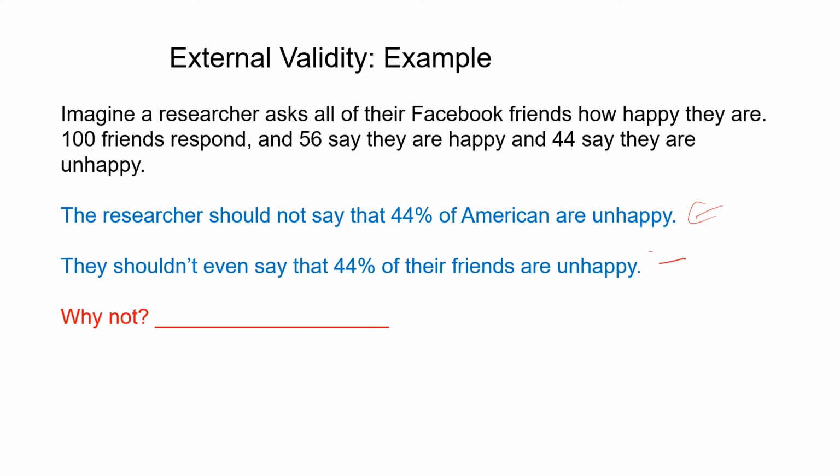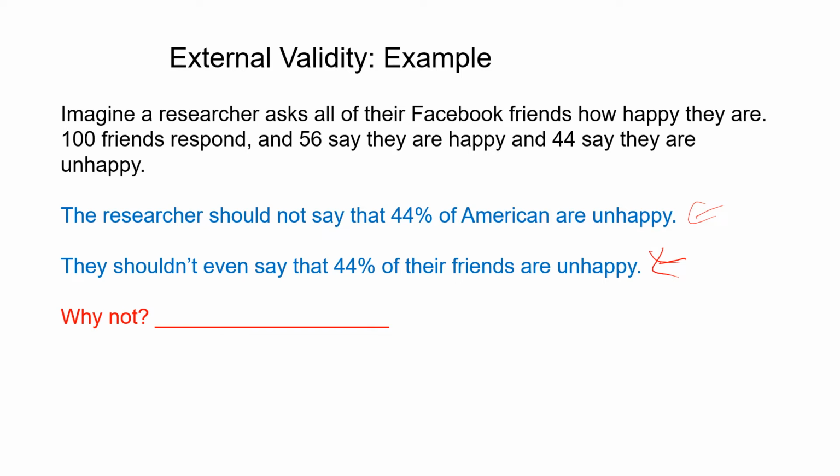But can he even say 44% of his friends are unhappy? No. All he can say is 44% of the people who responded are unhappy. It could be that he has 1,000 friends and that friends that are more happy are more likely to respond.